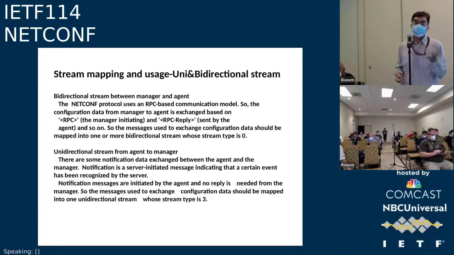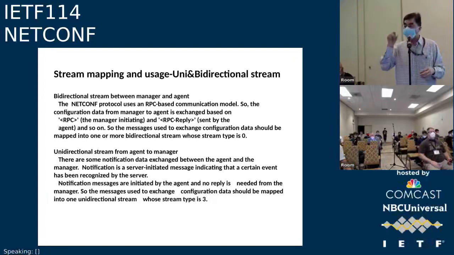So we can directly map the different types of communications in NETCONF to the QUIC streams identified by the last two bits of the QUIC stream IDs. So next page.